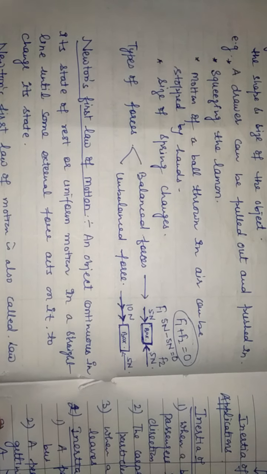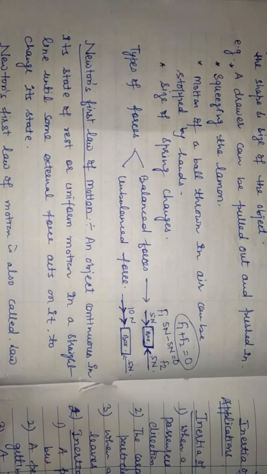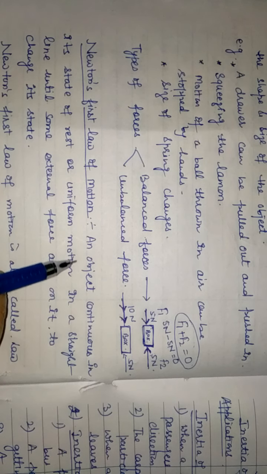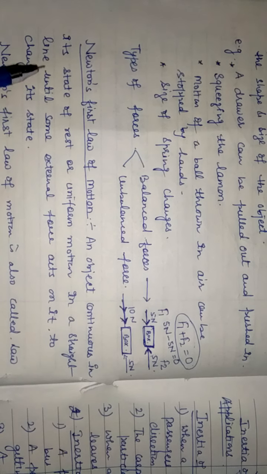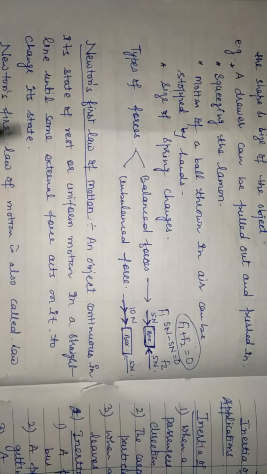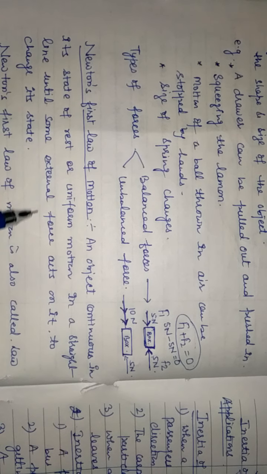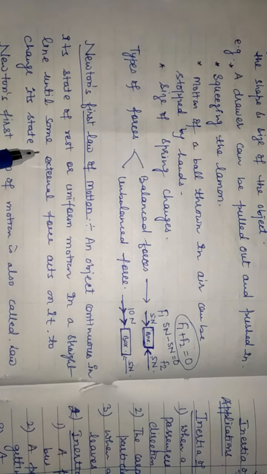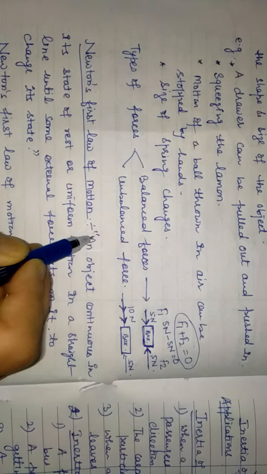Now Newton's first law of motion. Newton gave the first law of motion: an object will continue in its state of rest or uniform motion in a straight line until some external force acts on it to change its state. This is the statement given by Newton.